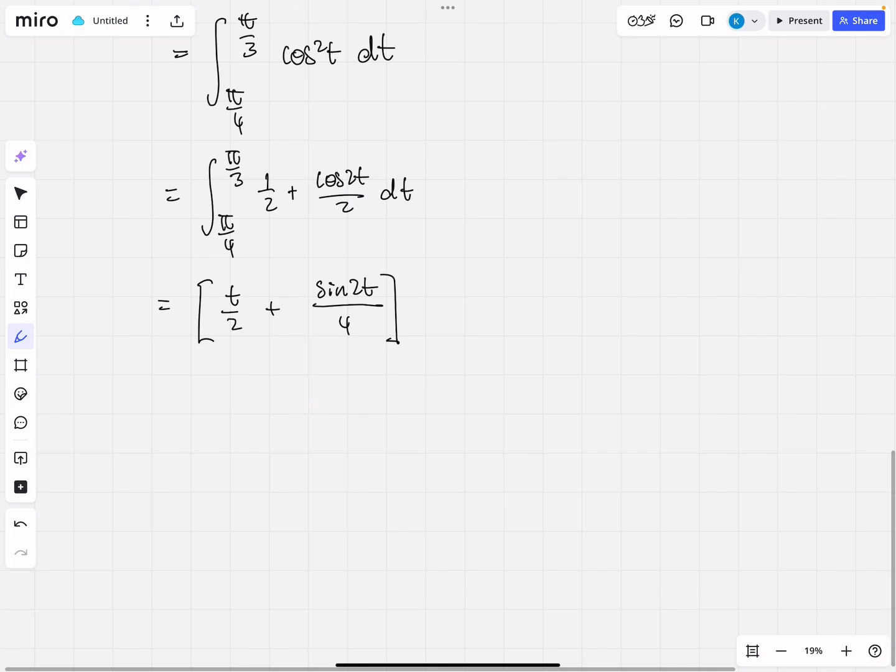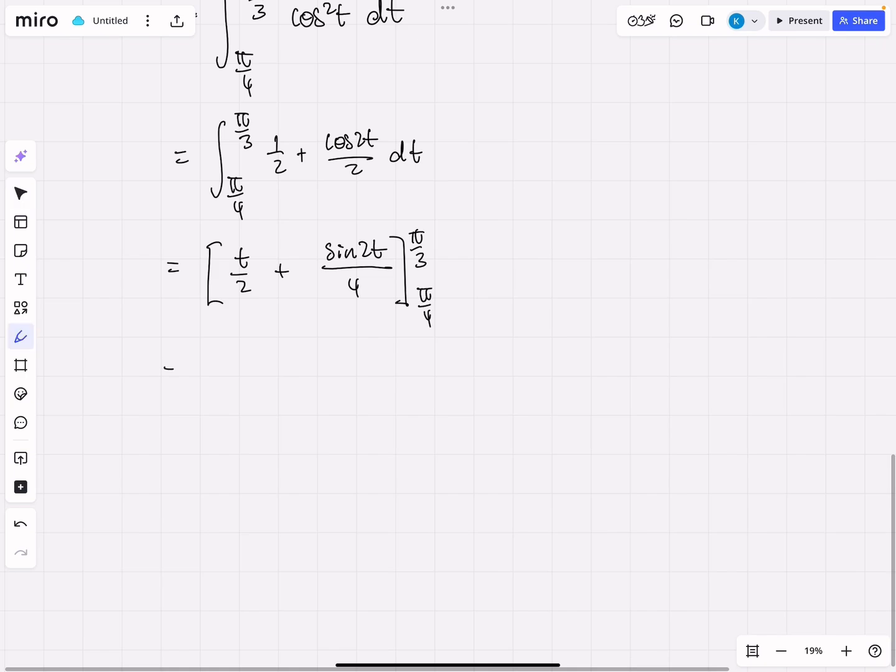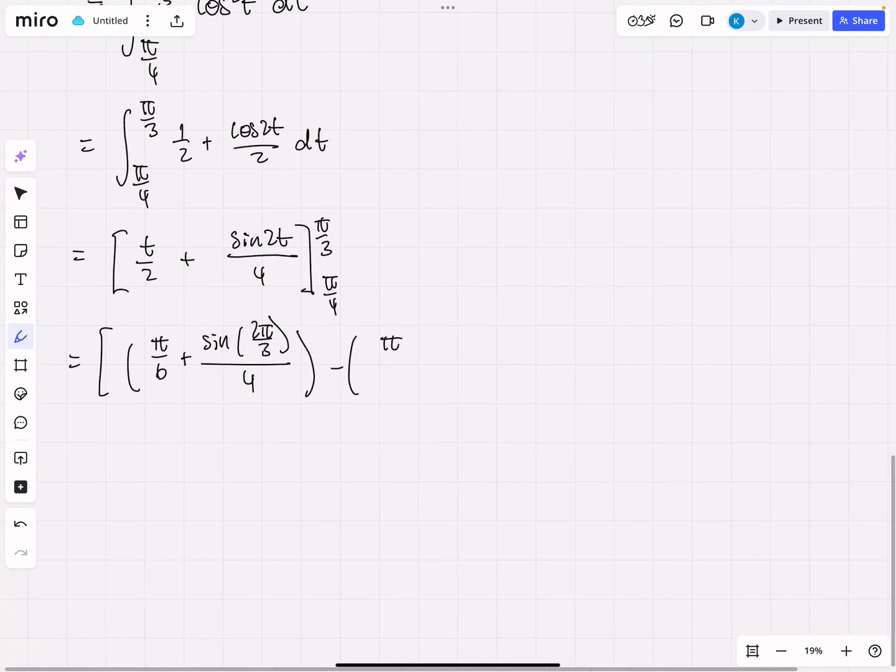Now we substitute in our limits. This is going to give us pi over 6 plus sine 2 pi over 3 over 4 minus pi over 8 plus sine pi over 2 all over 4.